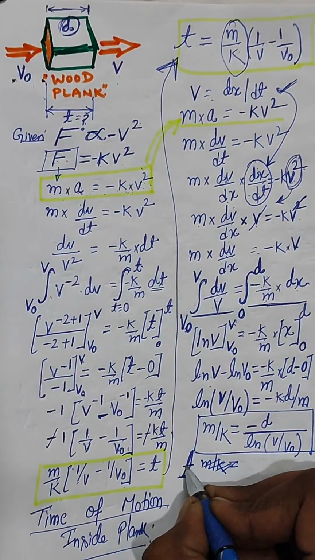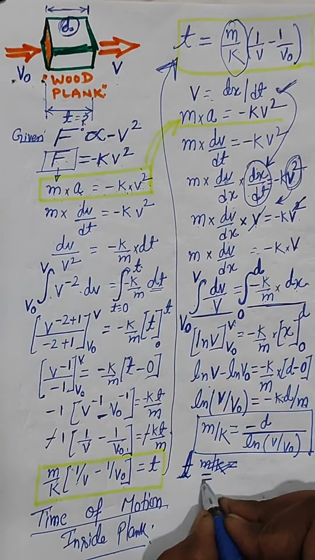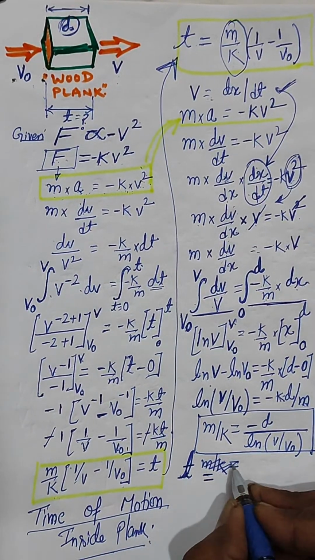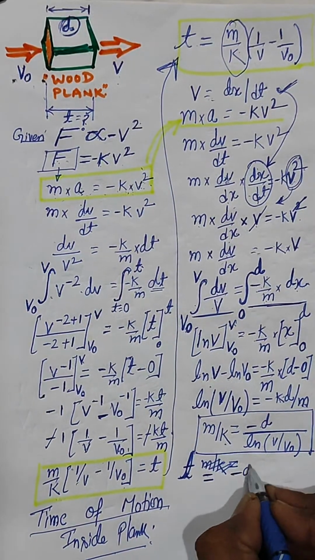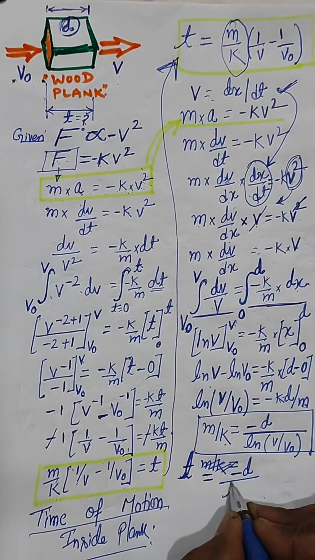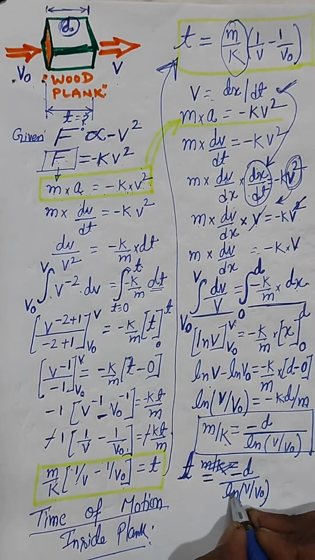the same formula which we have derived: the time is equal to m by k. Instead of m by k, write minus d divided by ln of v by v0, isn't it?